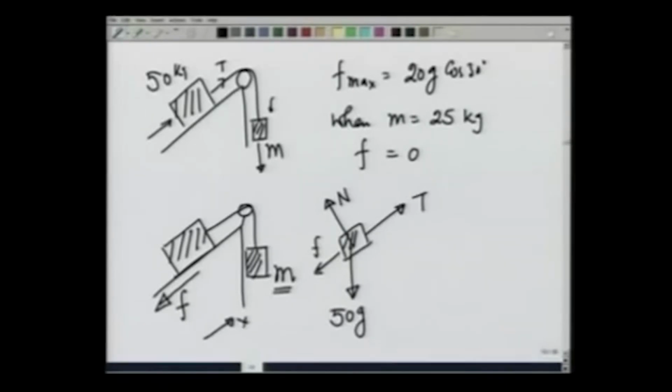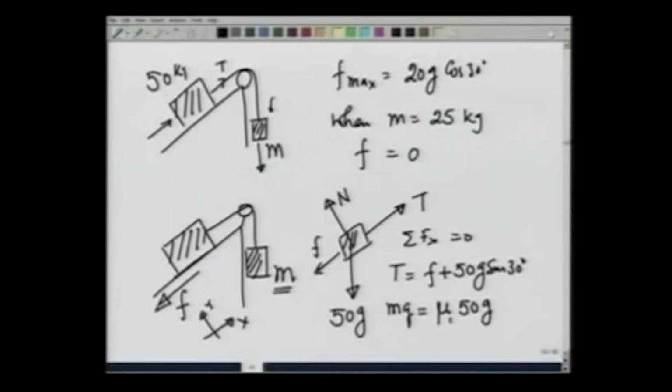This is x, this is y. Summation Fx equal to 0 now gives me T equals F plus 50 g sine of 30 degrees. T is nothing but mg, as we have calculated earlier, is equal to F. F is nothing but mu times 50 g cosine of 30 degrees, plus I have 50 g sine of 30 degrees.